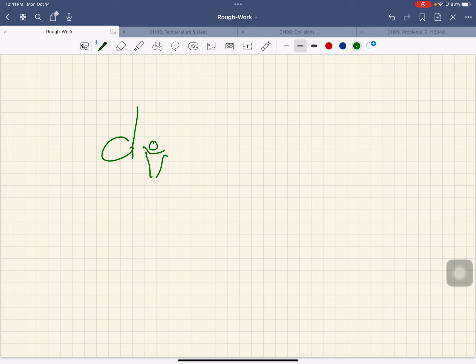I didn't want to draw soccer because I can't draw well. So when the club comes in contact with the ball, it exerts a force. Before the club is in contact with the ball, the force the club exerts on the ball is 0, and then as the club compresses, the force gets larger and larger.